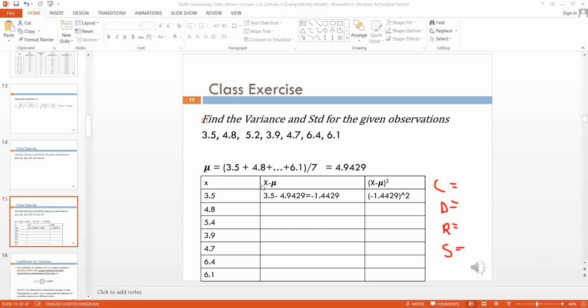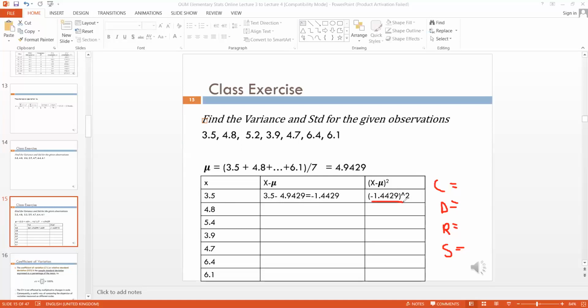Then you find the difference from the mean. You subtract the mean from each observation, like you have here, 3.5 minus 4.99, that's the mean. Then you find the square of it.